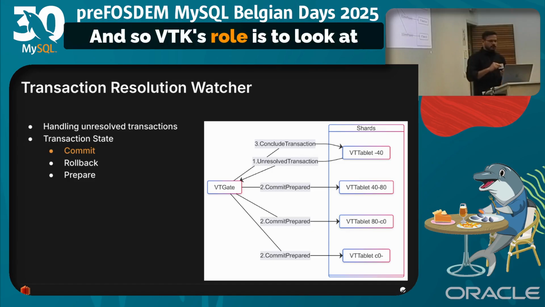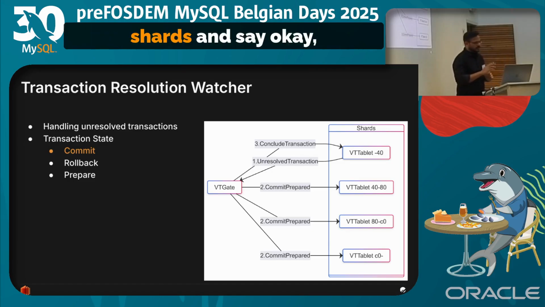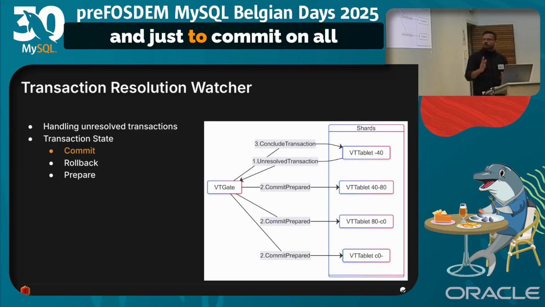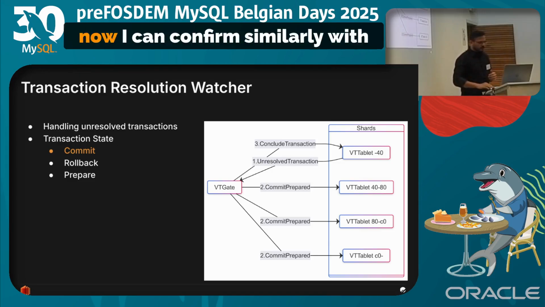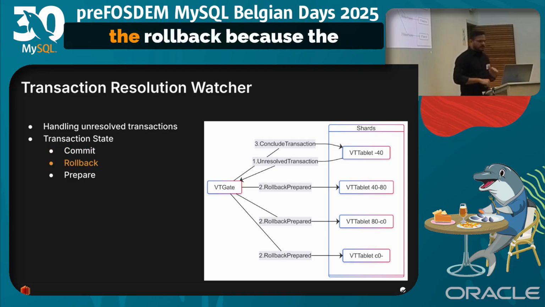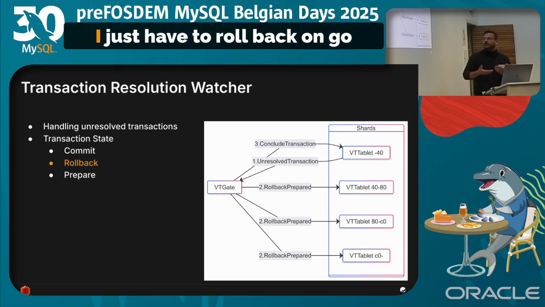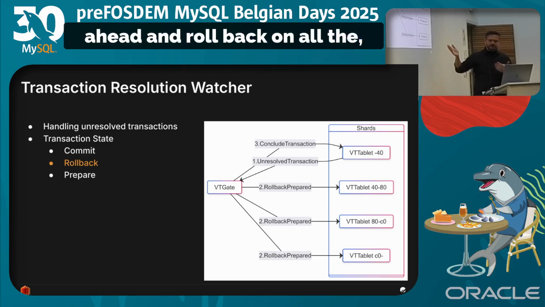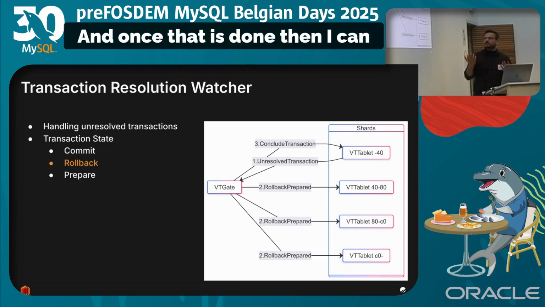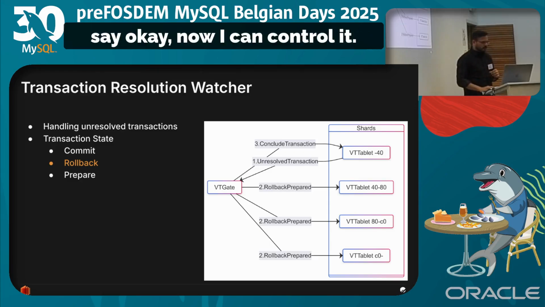So VTGate's role is to look at the participating shards and go ahead and commit on all of them. Once that is done, it says, now I can conclude. Similarly with rollback, because the rollback decision is stored, it just has to roll back on all the participating shards, and once that is done, it can conclude.